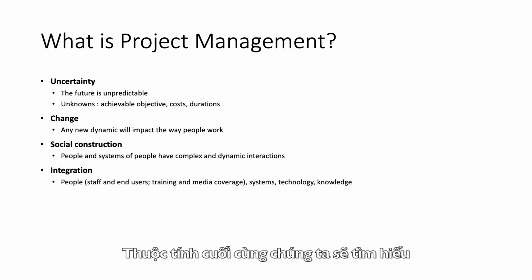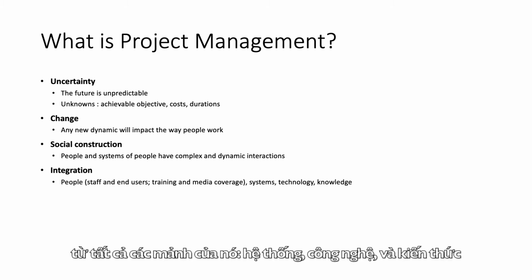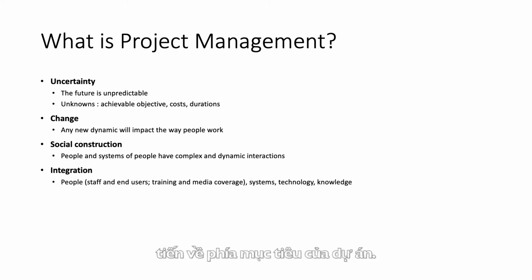The final attribute we're considering for project management is integration. Integration is the art and skill of weaving a project together in all of its pieces and systems and technology and knowledge in a way that it operates as a seamless team toward the objectives of the program.